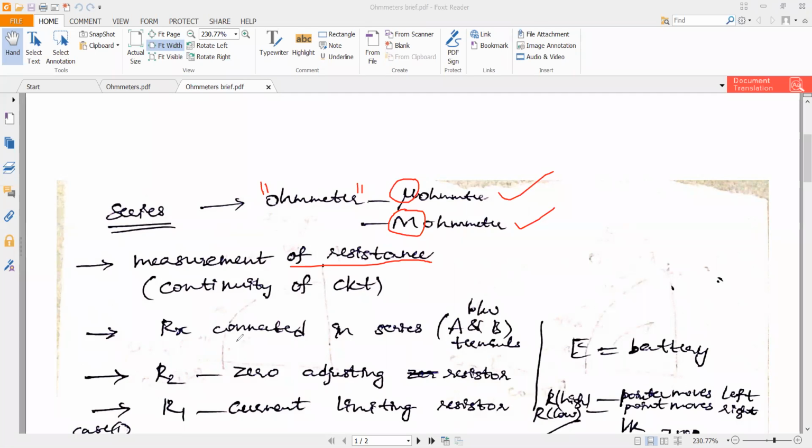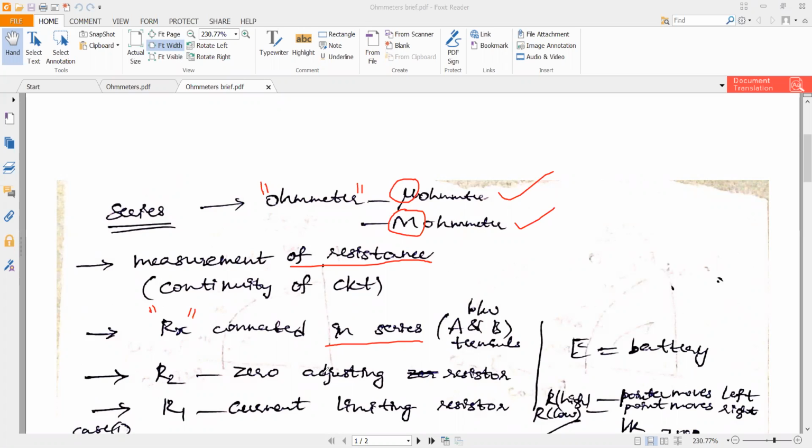Here in our circuit, we are going to use some Rx resistance. Rx means unknown resistance. I'm going to use this unknown resistance in series, connected using the A and B terminals.